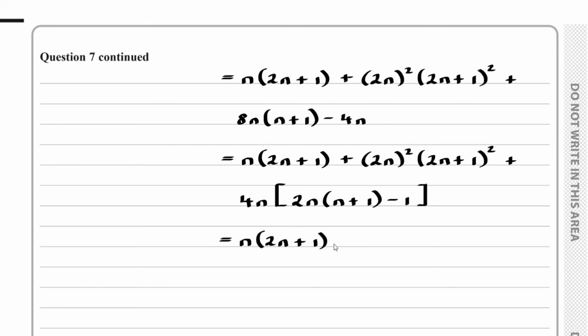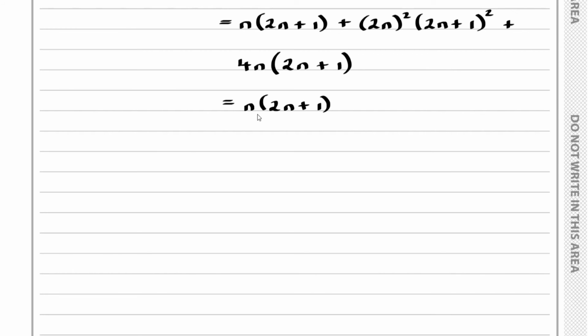And so if we simplify this, we still have the n times by the 2n plus 1. Here we've got the 2n squared times by the 2n plus 1 squared, that's shown here, and then we add on 4n times by 2n plus 1. So I've got n times by 2n plus 1. If I factor all that out, inside I've got 1.